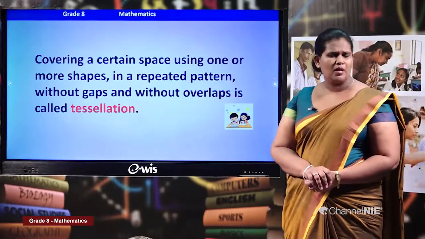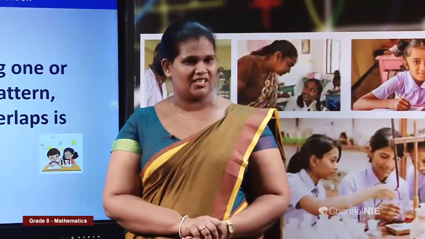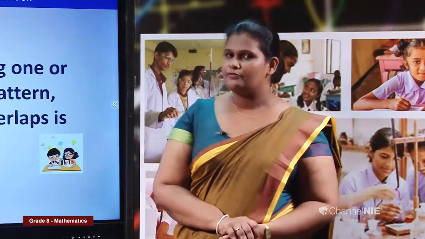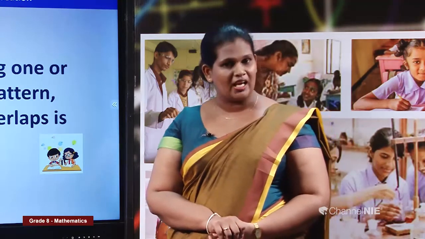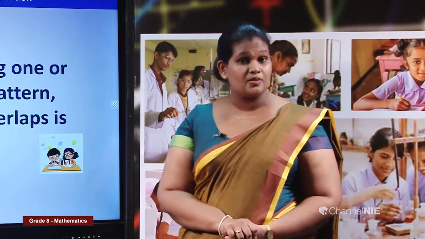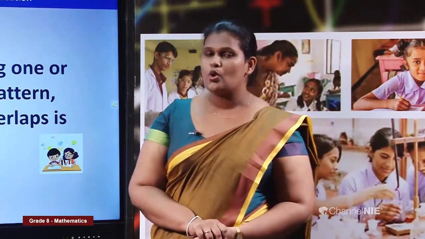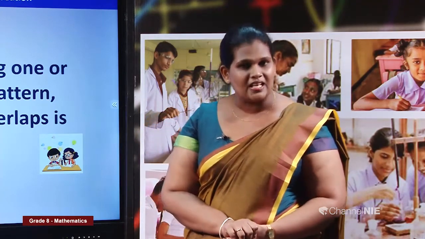So, can you remember what you have learnt in grade 7? What is tessellation? We can say that's an arrangement of shapes. You can use one or more shapes, but there is a must. What is that? You should not have gaps or overlaps between two shapes in a tessellation.